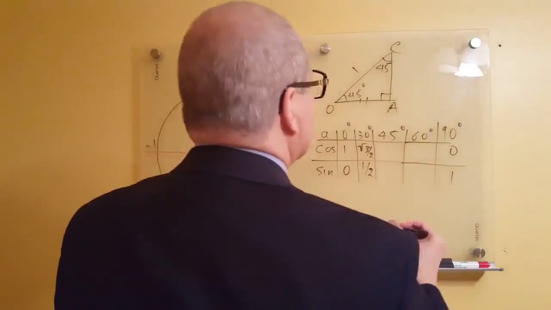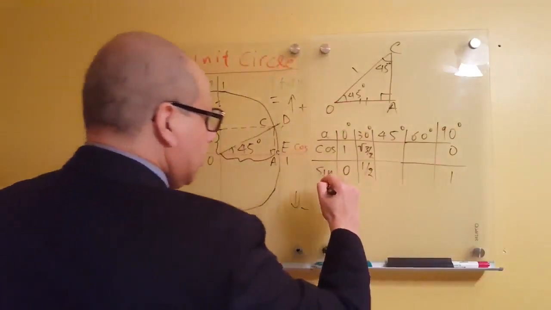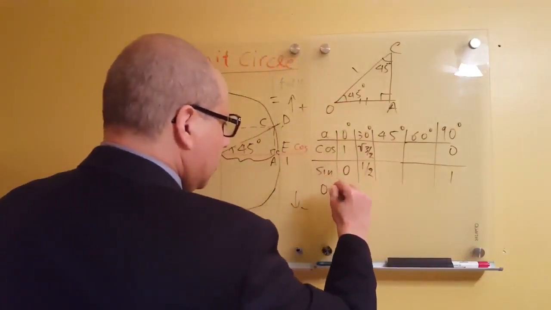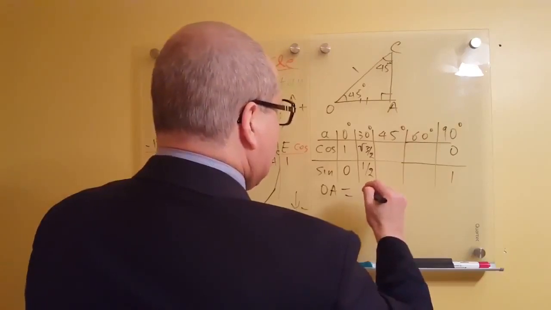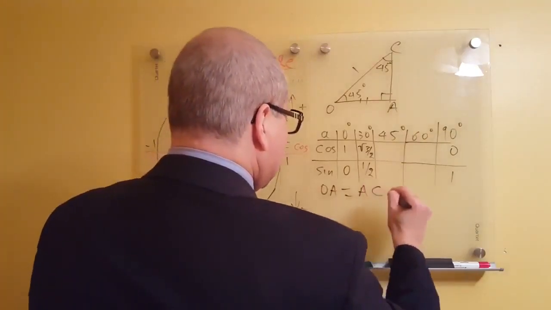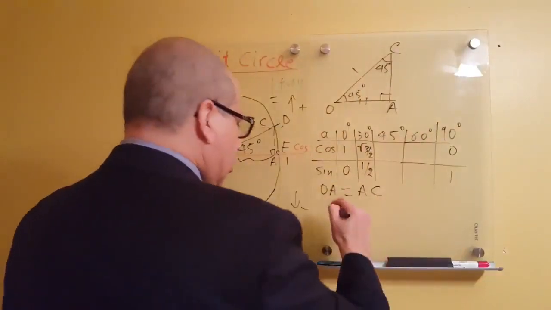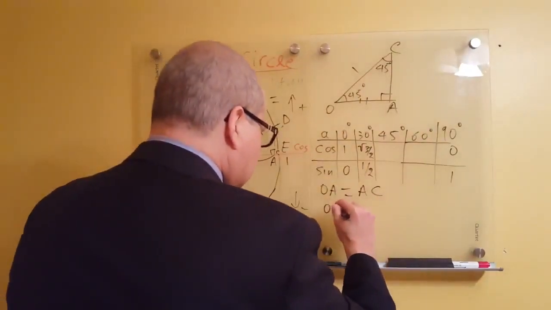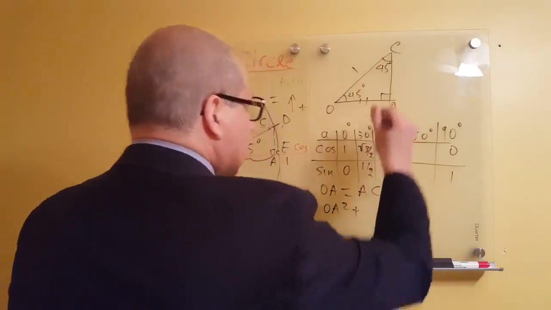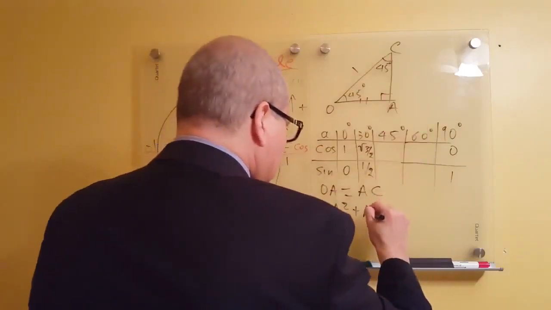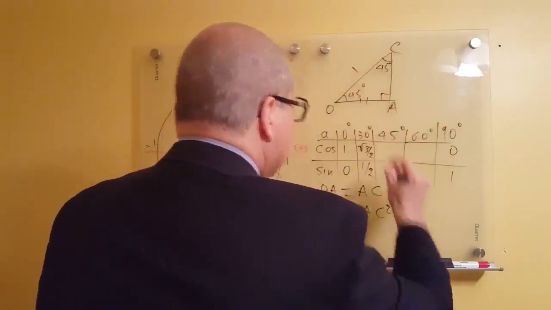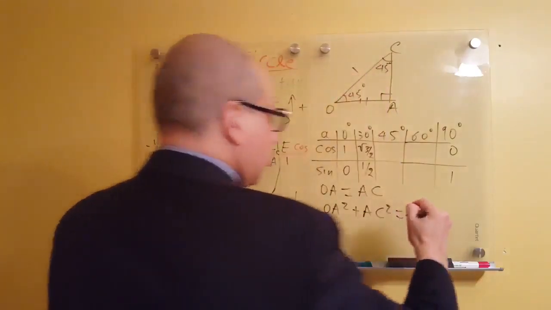So that means that OA is equal with AC. And now if you apply again the Pythagorean theorem here, you have that OA square plus AC square will give you the hypotenuse square, which is 1 square.